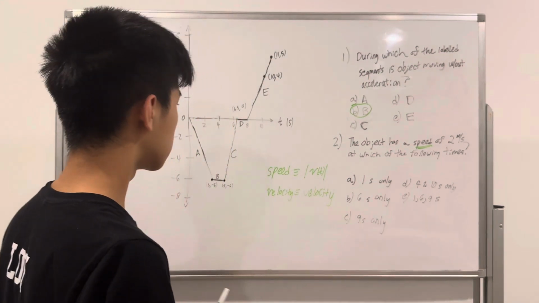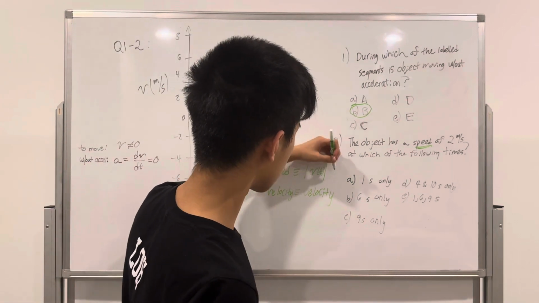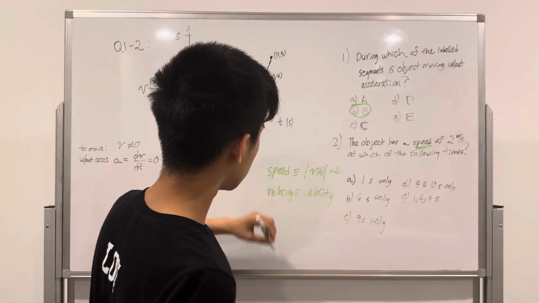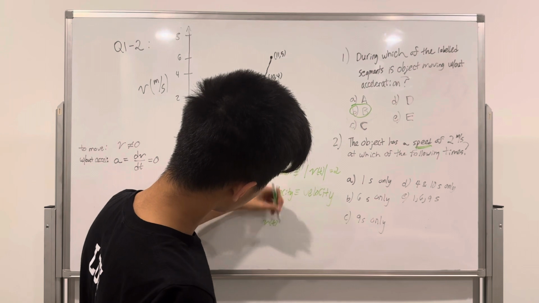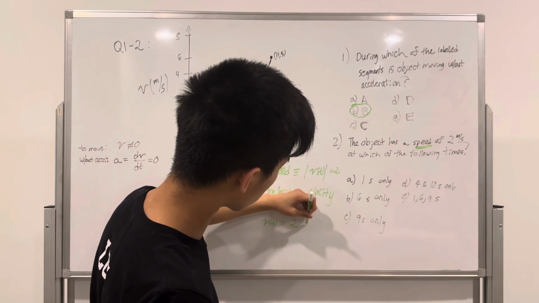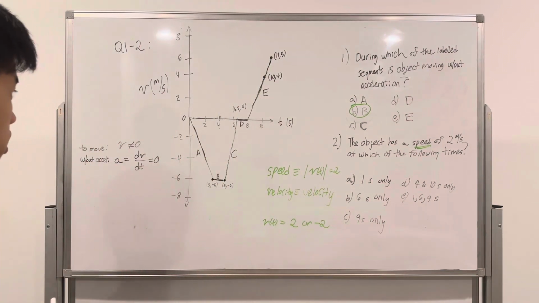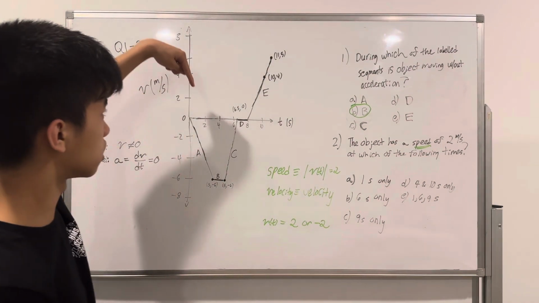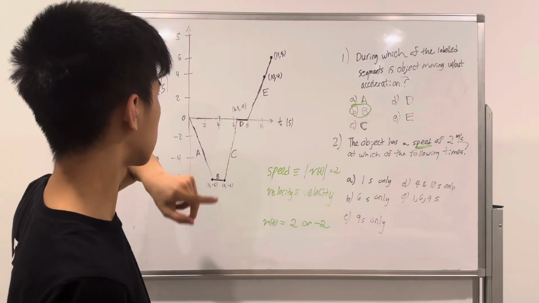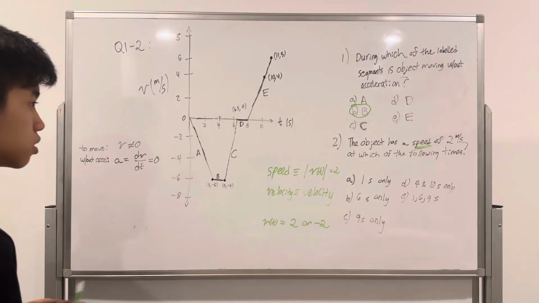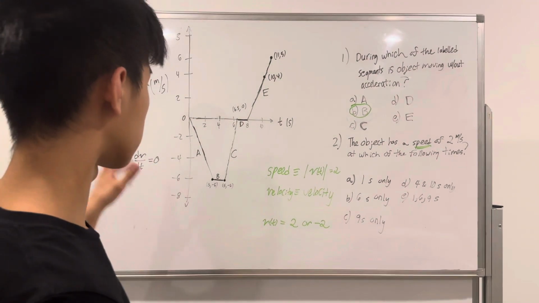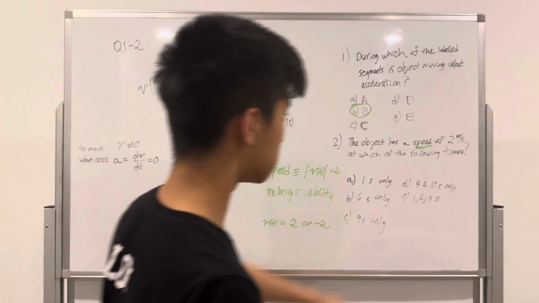Basically, this means that velocity can equal 2 or -2, and that will still satisfy the conditions for this problem. Therefore, it could be going downhill or uphill as long as the speed is 2.